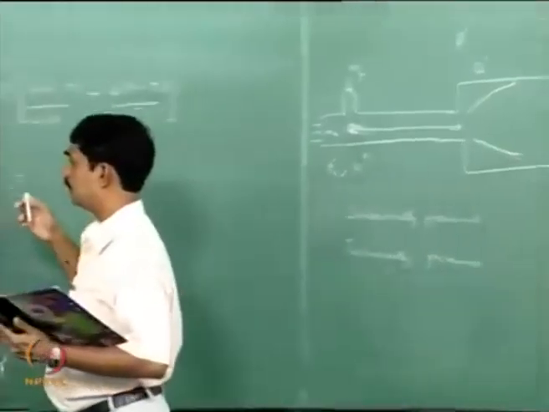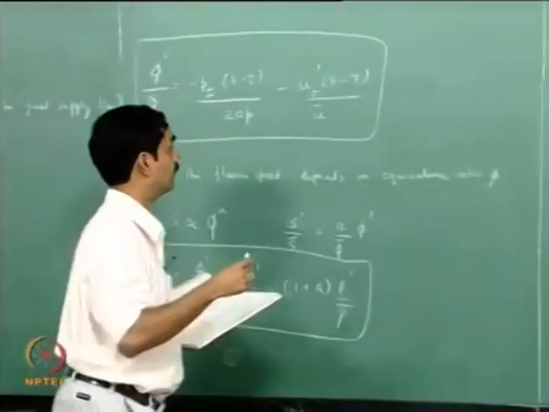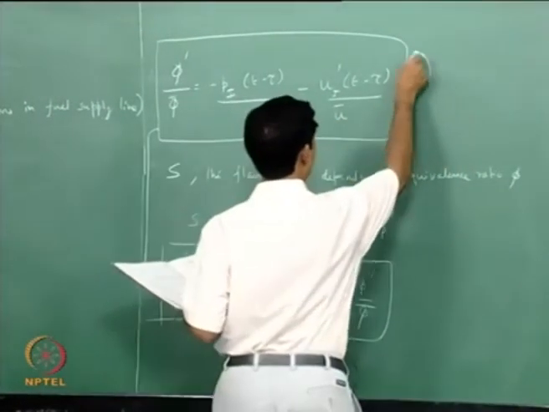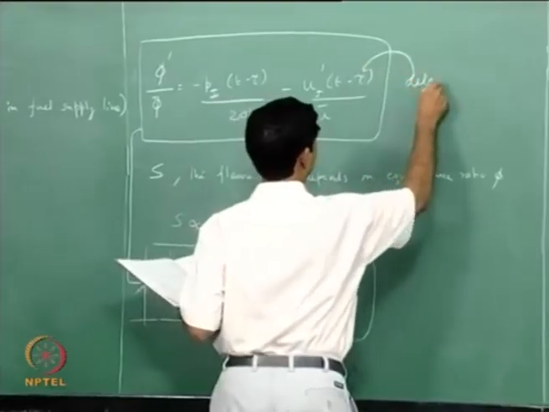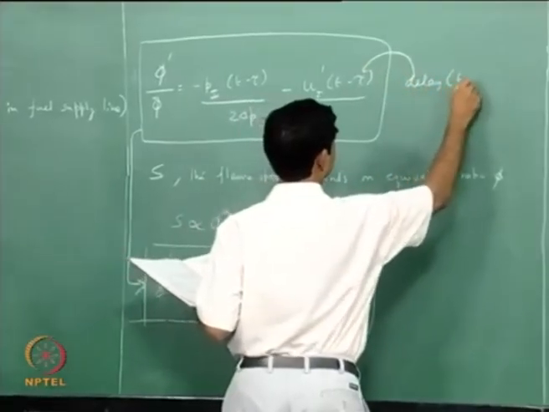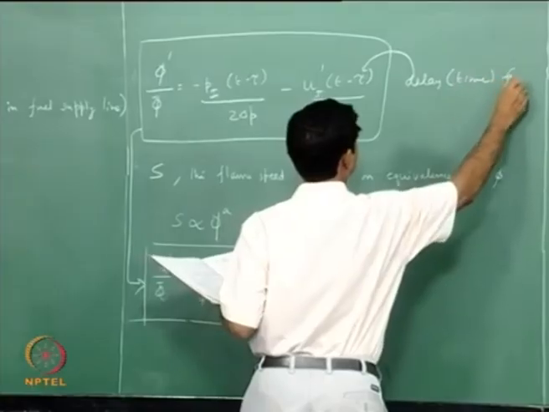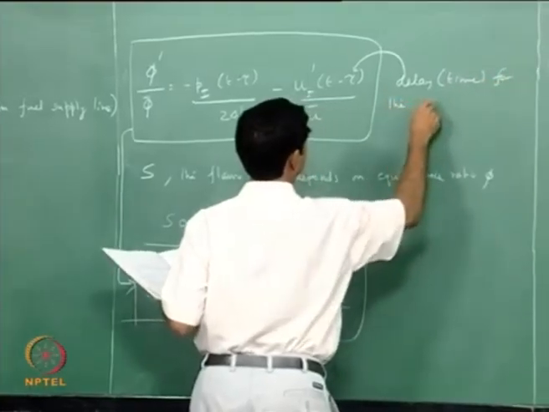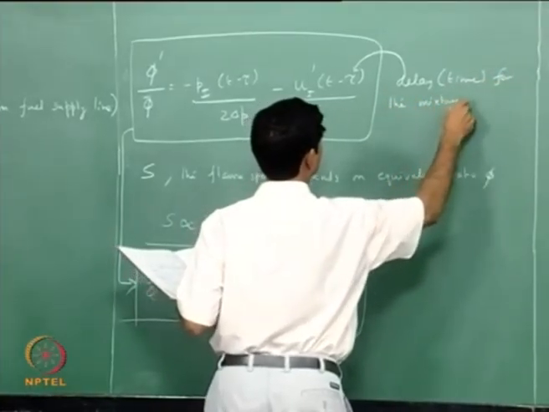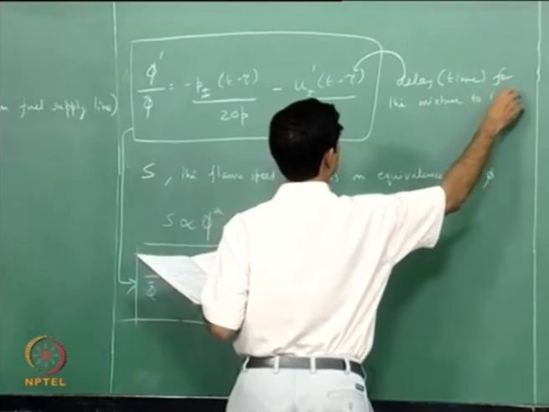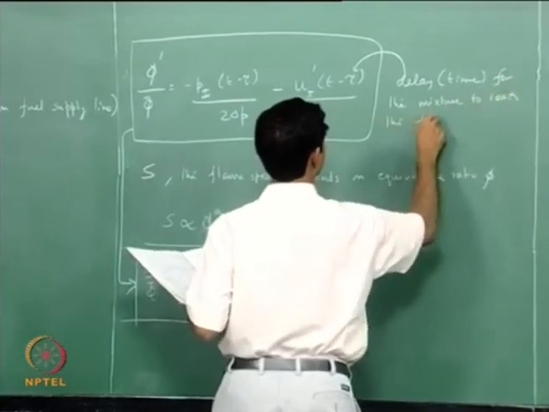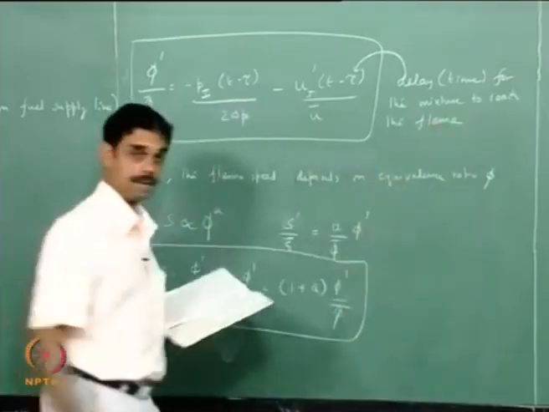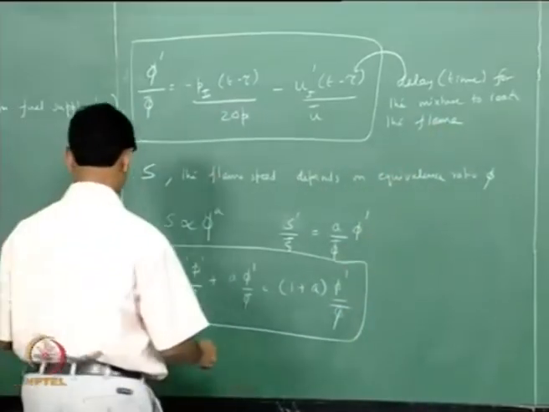So the tau comes from the delay, or the time for the mixture to reach the flame.